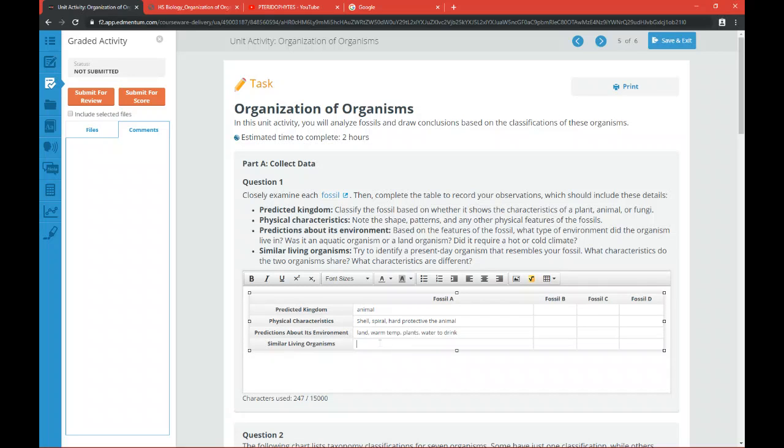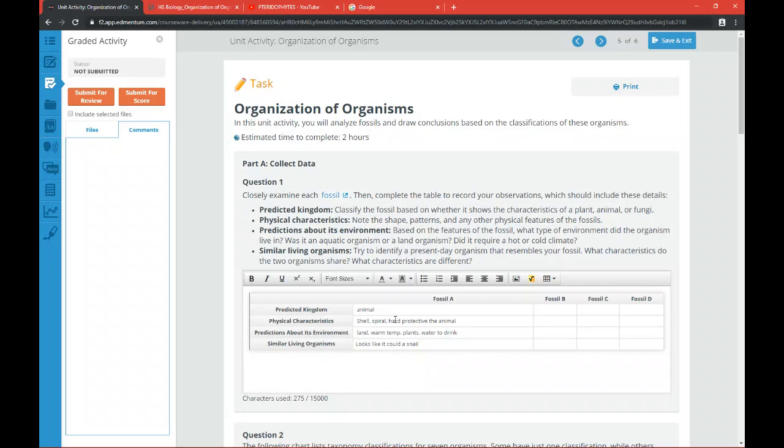And the closest organism, as I said, is a snail to me. It looks like it could be a snail.